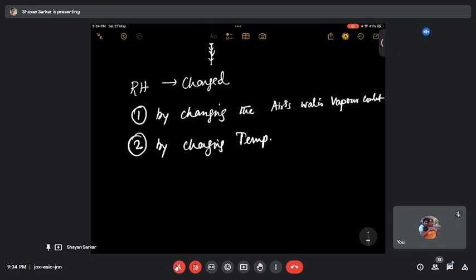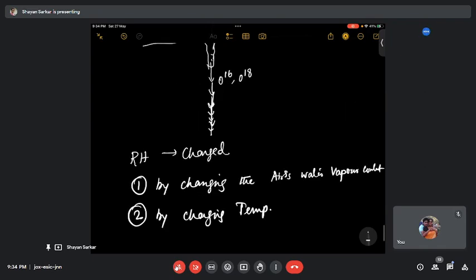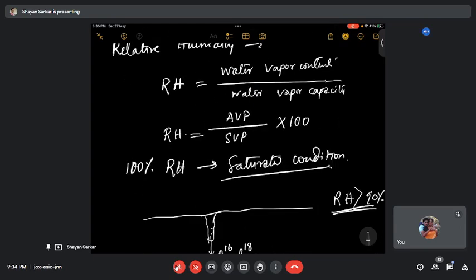So when we are changing water vapor content, what is actually happening? The air vapor pressure will change. Okay, it will change.